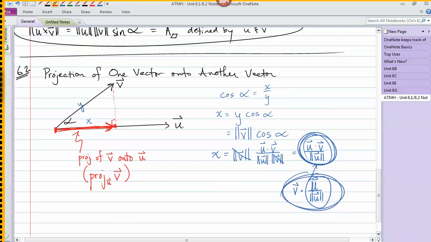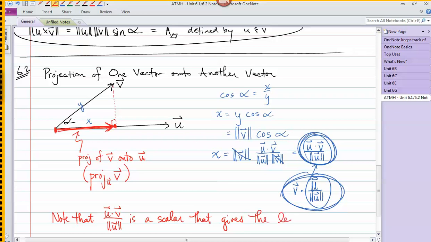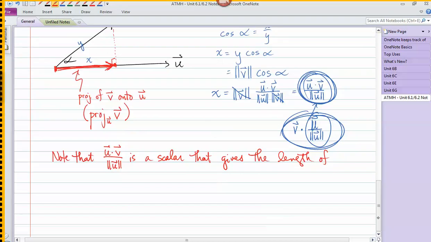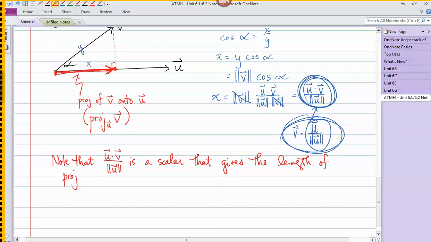So, here, I'll write this. Note that U dot V over magnitude of U is a scalar that gives the length of the projection of V onto U. Okay, so if I wrote this, what's the projection of V onto U?